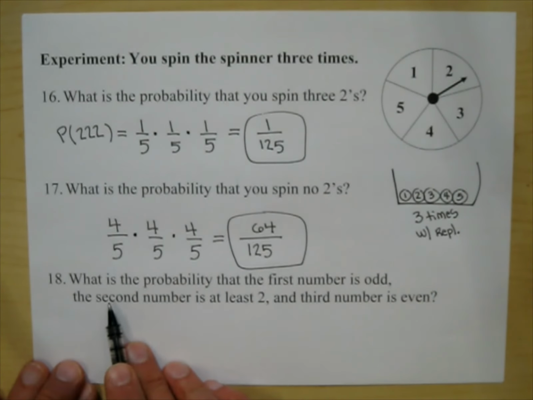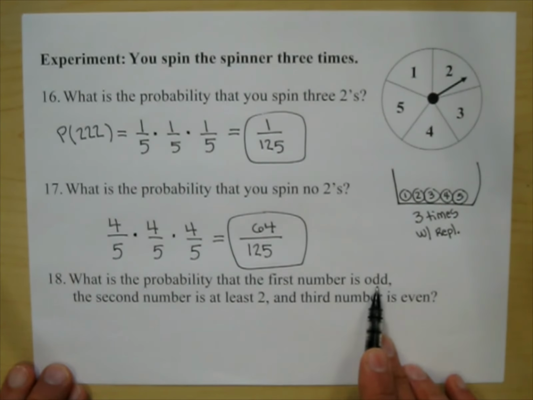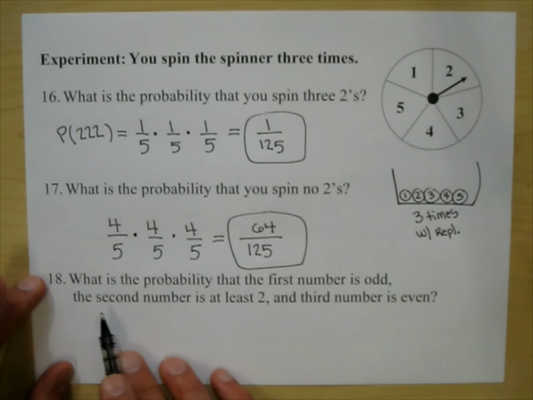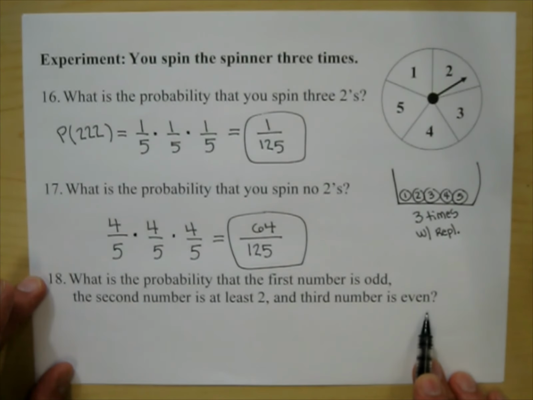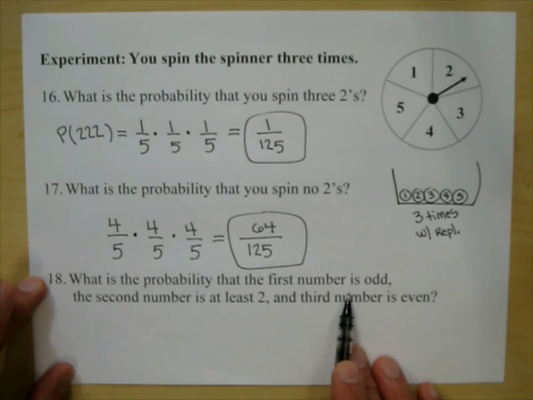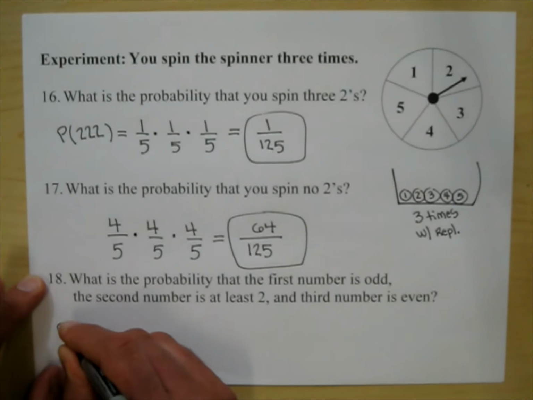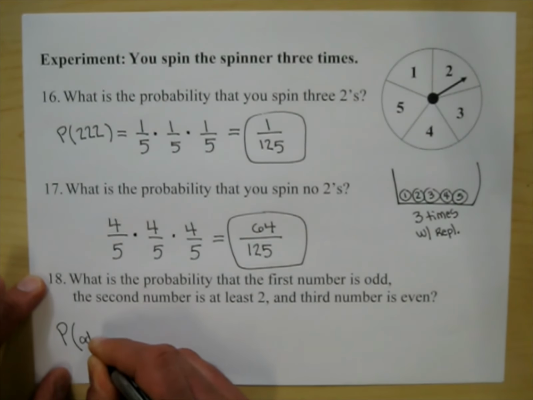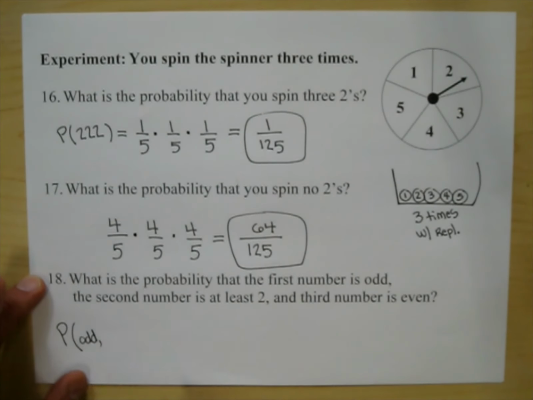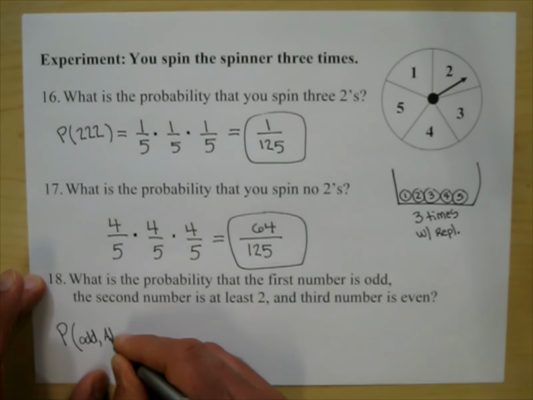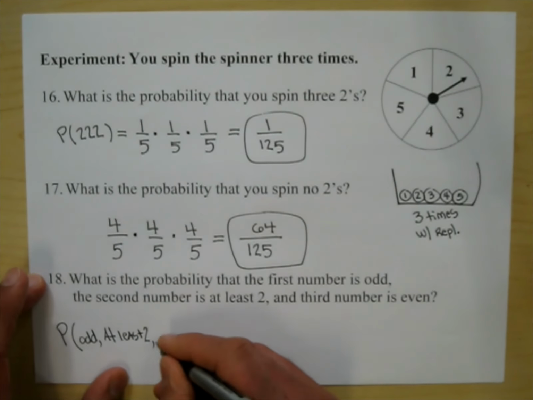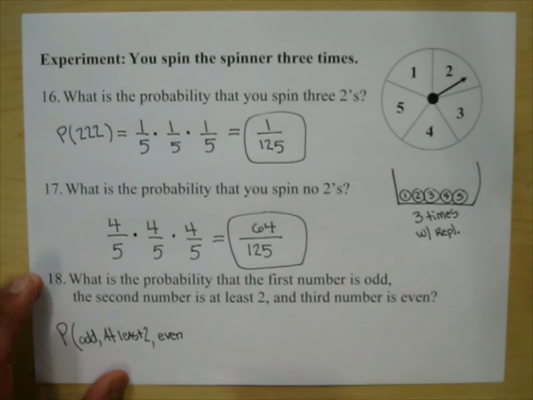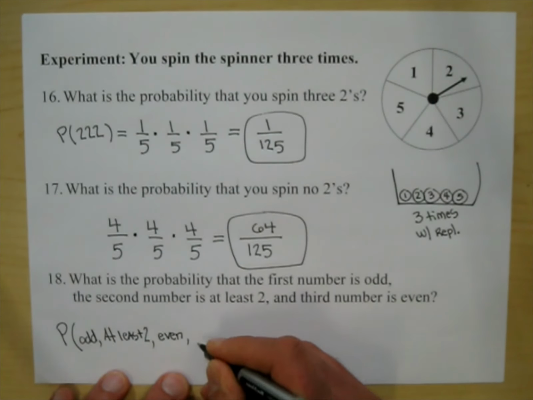Next problem. What is the probability the first number is odd, the second number is at least 2, and the third number is even? Okay, so this is in that order, and there are three different things that are happening.